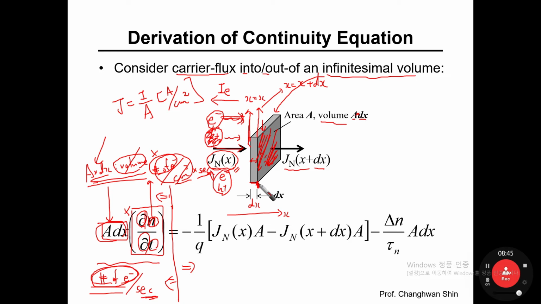But at the right edge, the current density should be modified because something would occur within this infinitesimal volume.